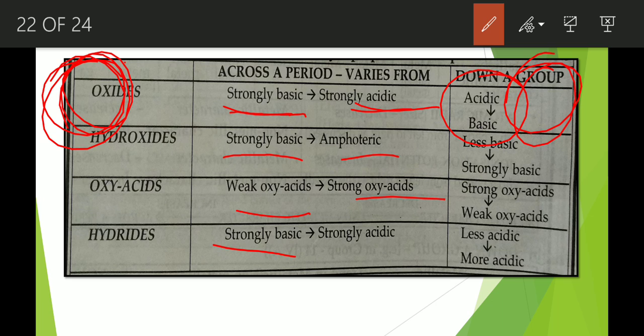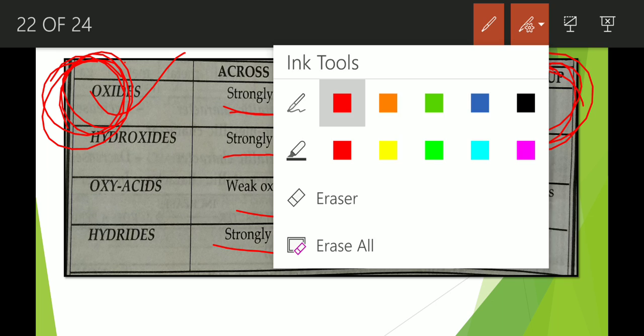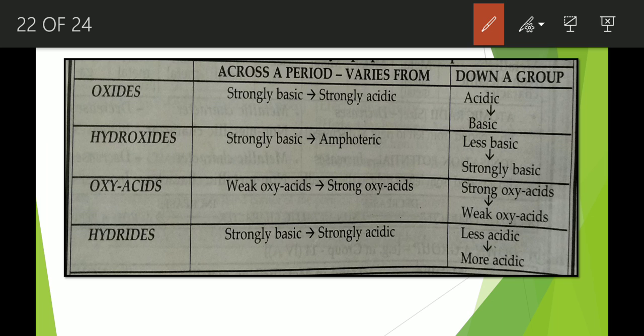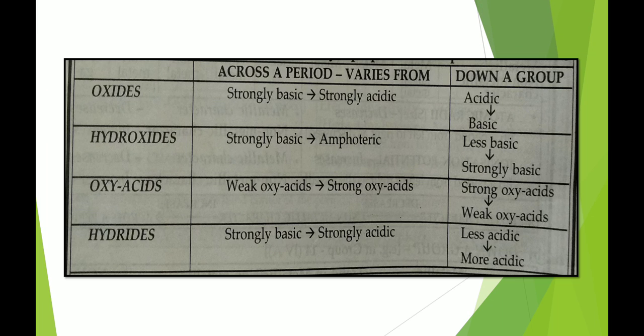Hydrides are the same as oxides: strongly basic hydrides we will find at the left of the periodic table, and strongly acidic hydrides we will find at the right. So these are a few trends of some important properties found in the periodic table. These trends are very important. You need to remember these trends.